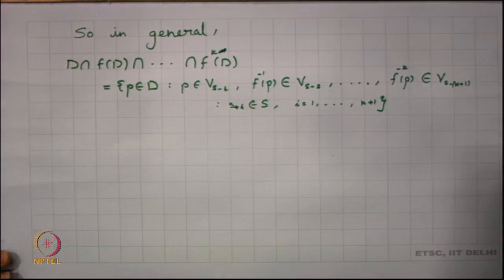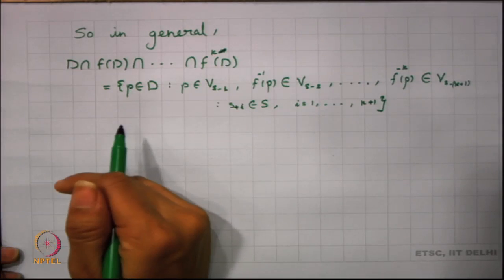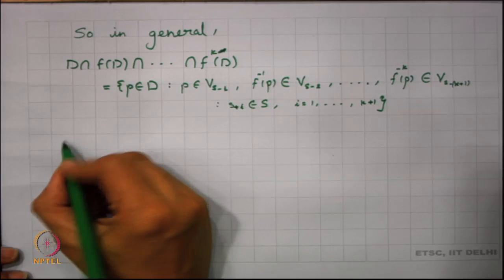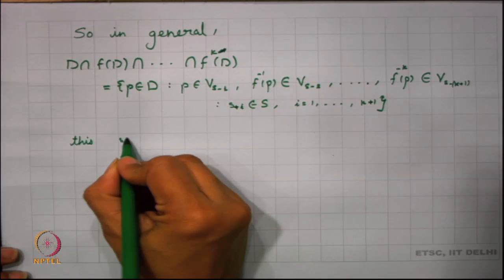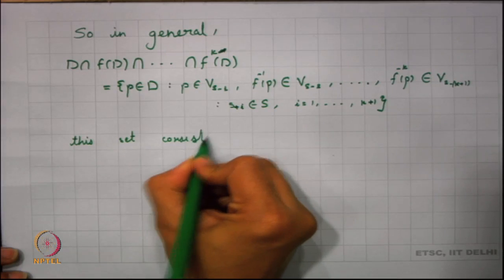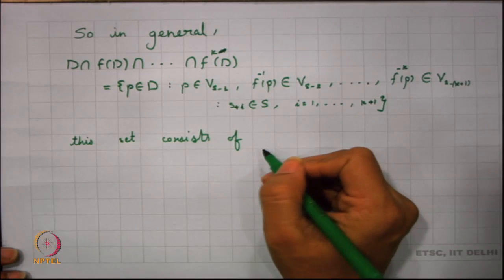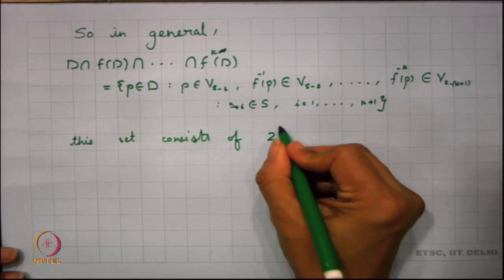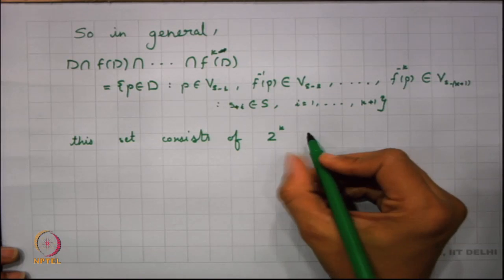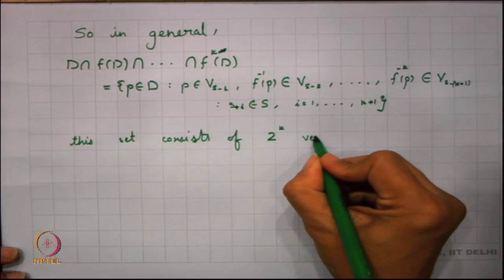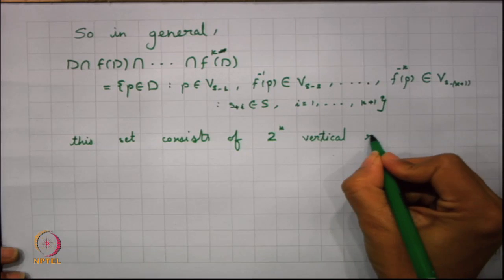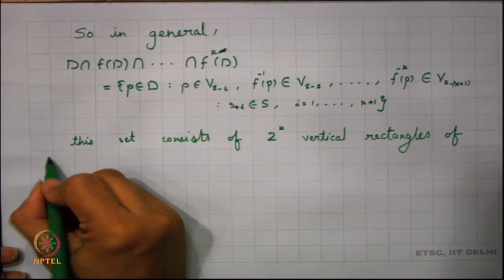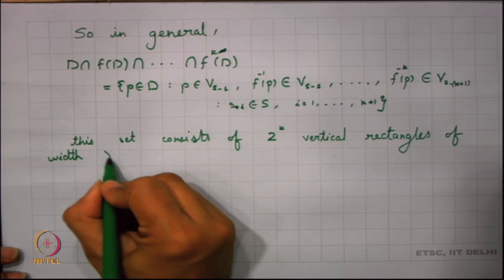So, when we look at the kth part, this set consists of 2 to the power k vertical rectangles of width lambda to the power k.